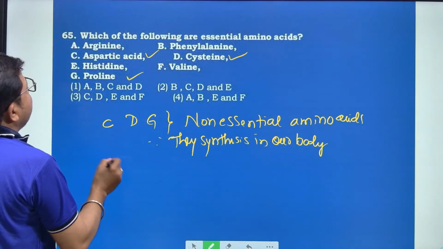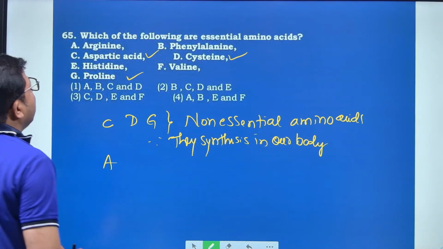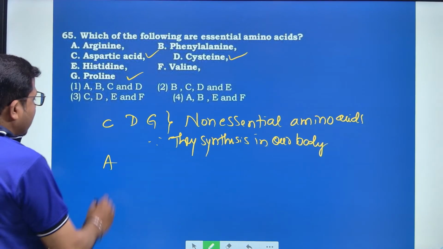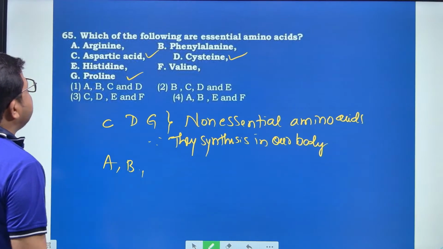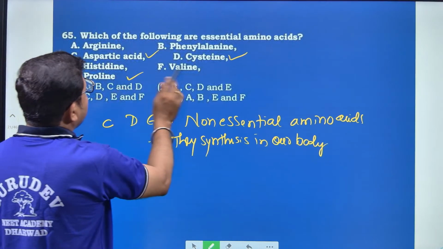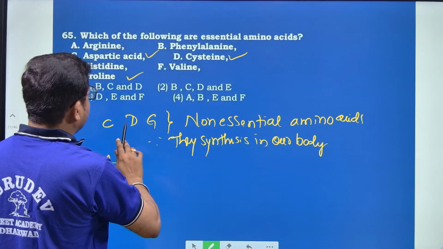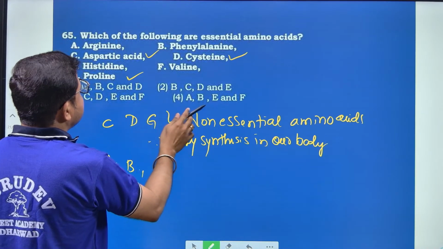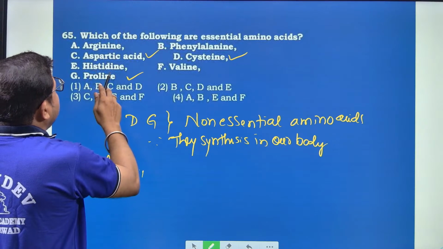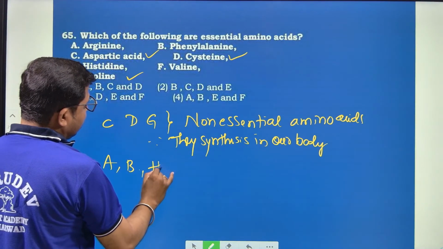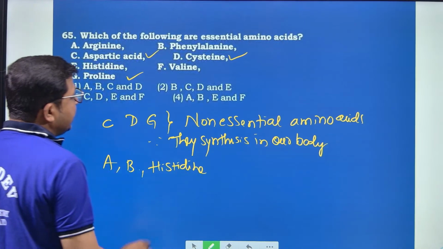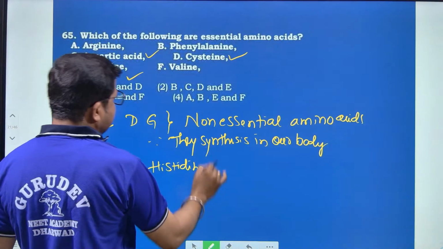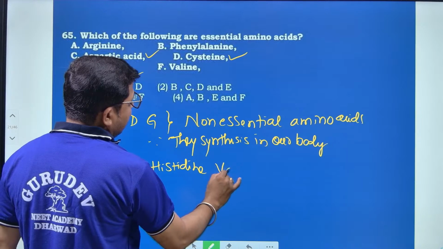And here option A, that is arginine, option B phenylalanine, option E, that is histidine, and option F, that is valine.